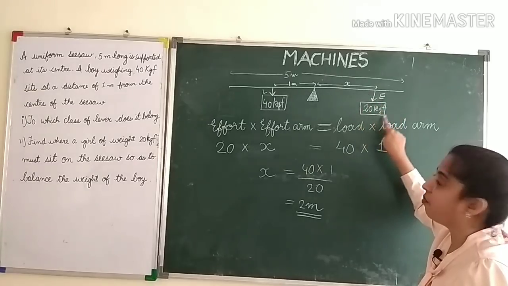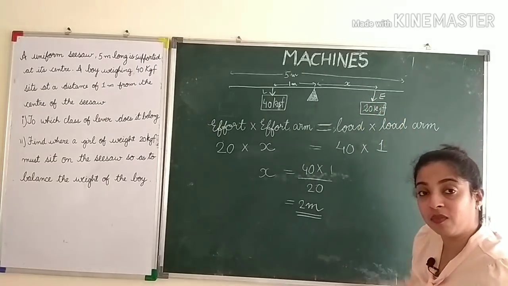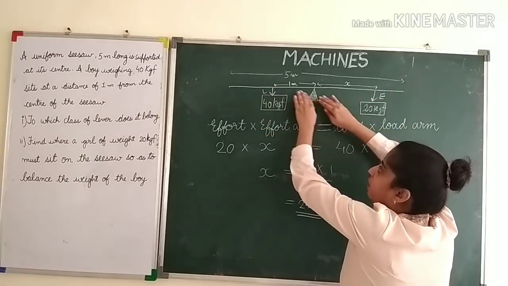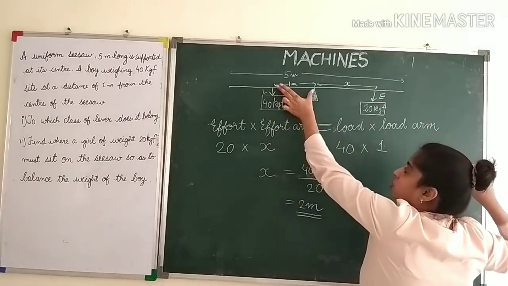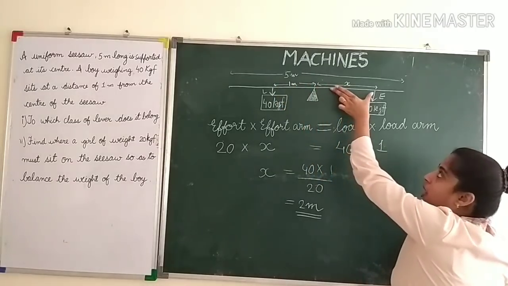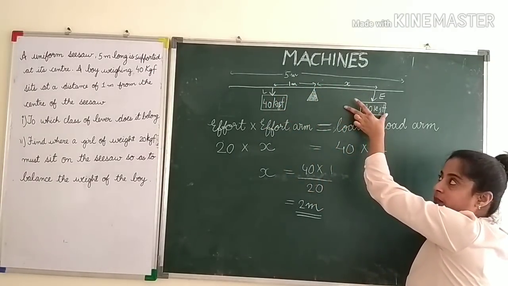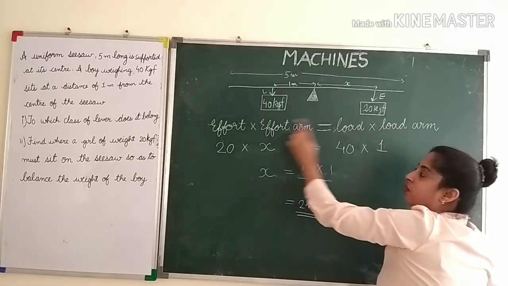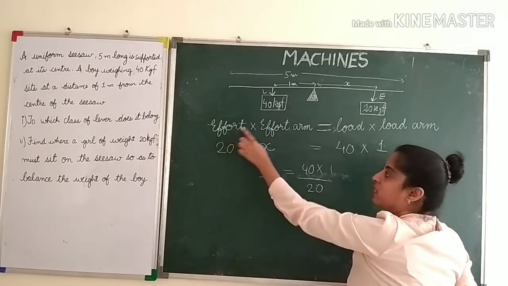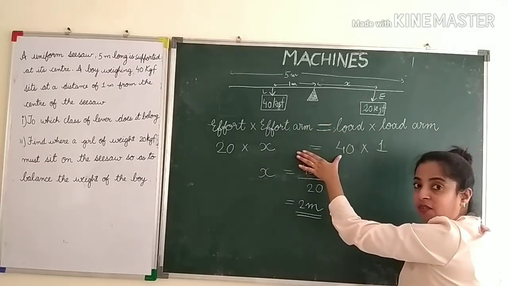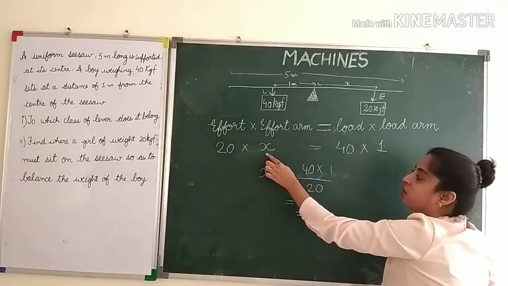And then we will put effort of 20 kgf, which is the weight of the girl. If the load is 40 kgf, how much effort will be needed to balance it? So to balance, we have to mark the load arm, effort arm, load and effort. After marking everything, we will write according to the principle of moments, effort into effort arm is load into load arm. And then substitute everything that is given and find out the unknown.